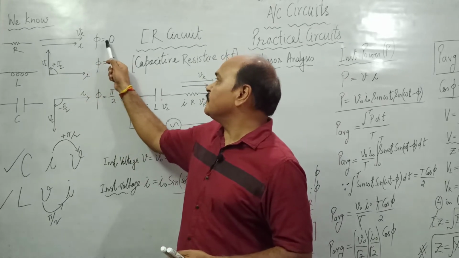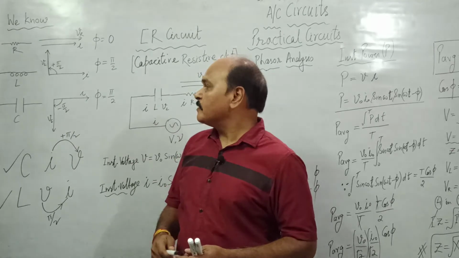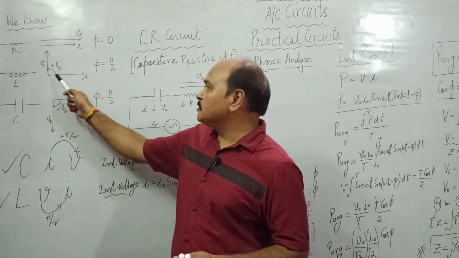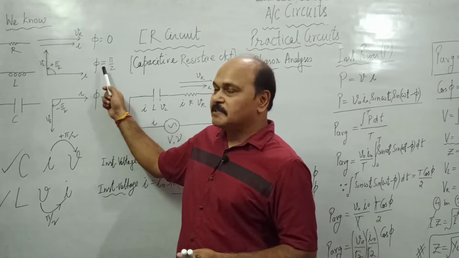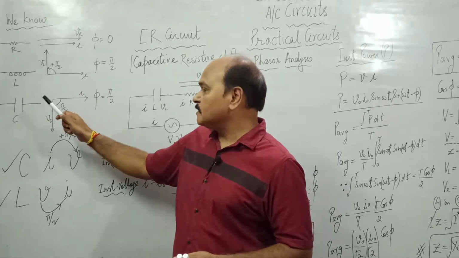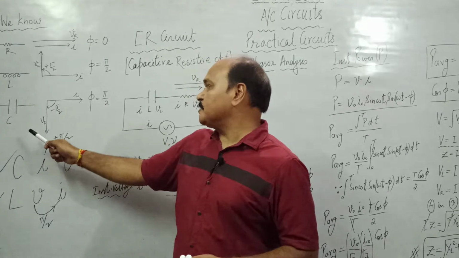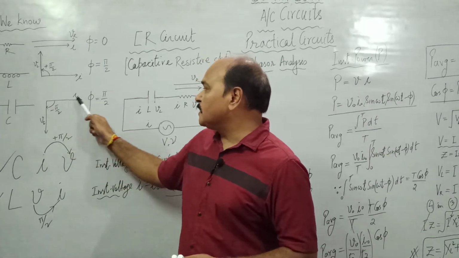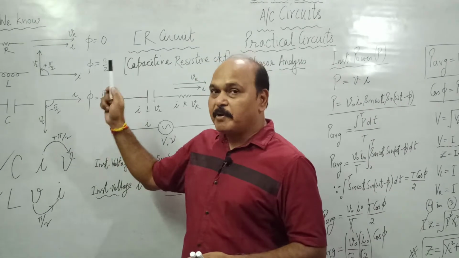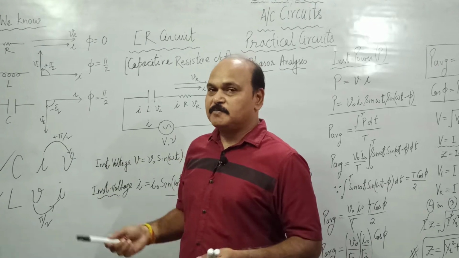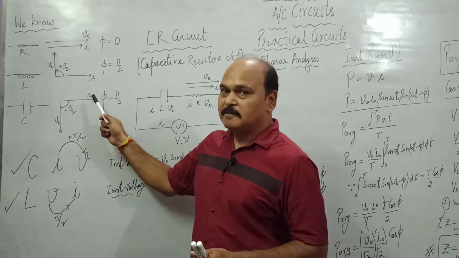Because the phase difference between them is zero. Across an inductor, voltage leads over current. And across a capacitor, voltage lags behind current by phase pi by 2 radian.